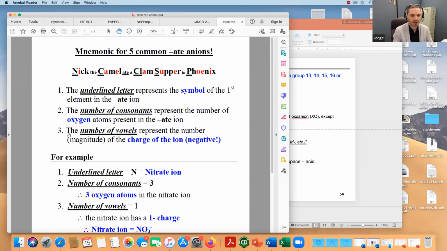And third, the number of vowels represents the magnitude of the charge of the oxoanion. And because it's an anion, it's always negative.